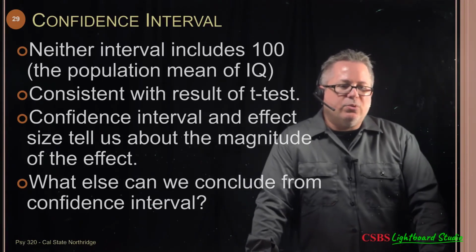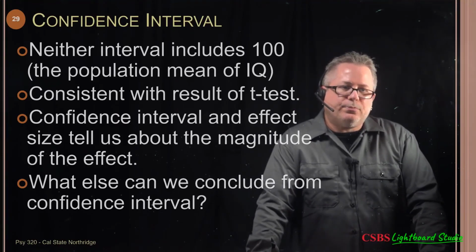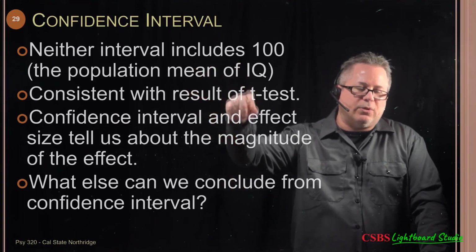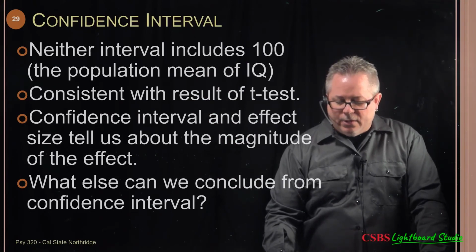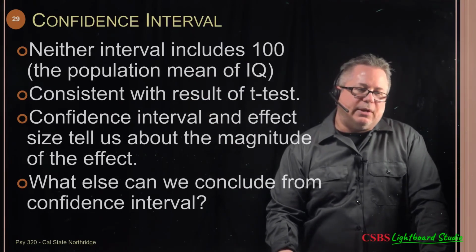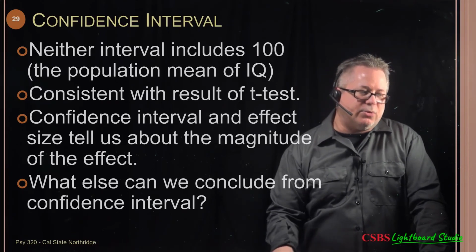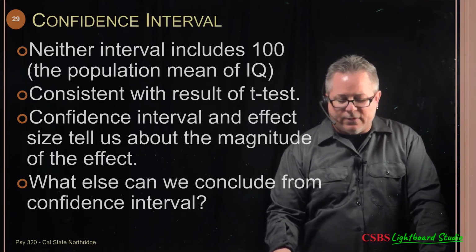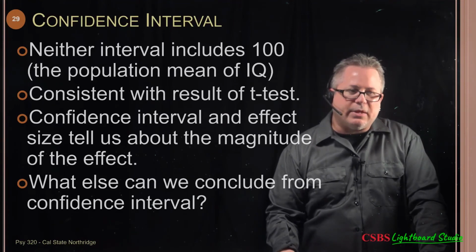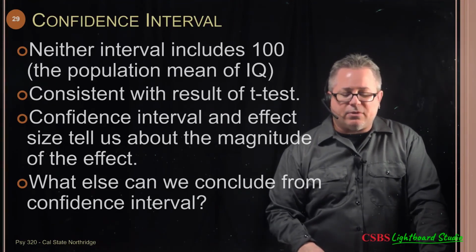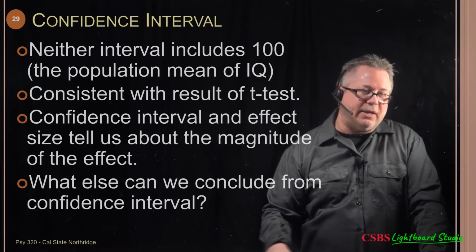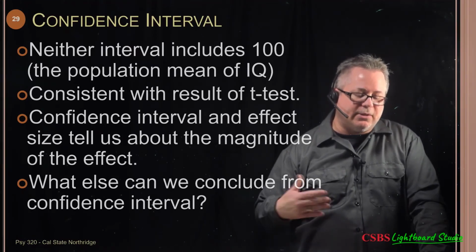So what else can we conclude from the confidence interval? Like I said before, neither interval includes 100. You can also conclude that if you were to do the test over and over again, assuming the 106 is a representation of what the samples would look like, those values are the likely values you would get from samples over and over again as you take them from the same population.